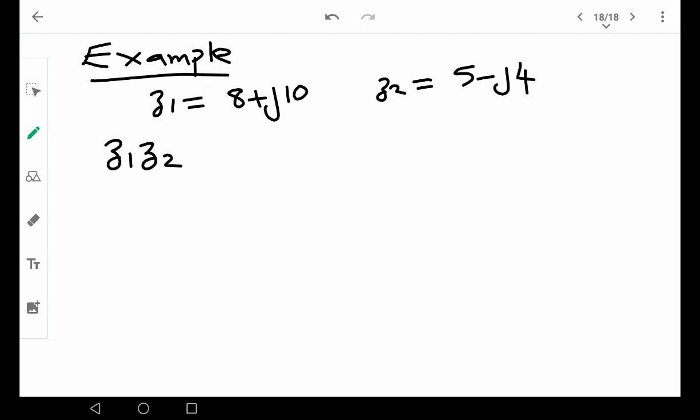It's better that you convert z1 and z2 to the polar form, right?